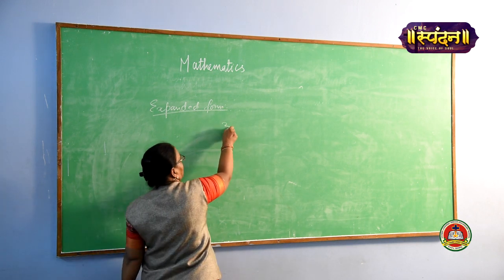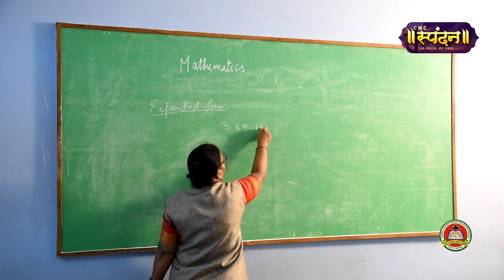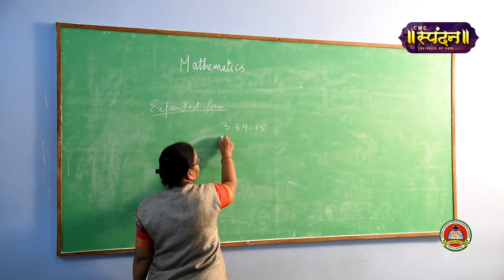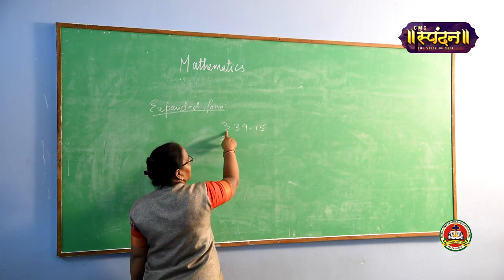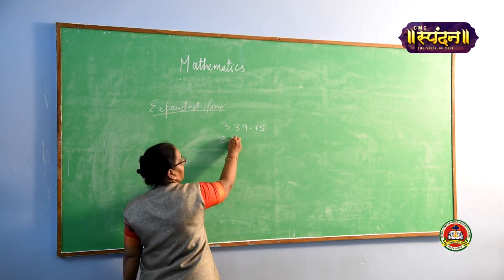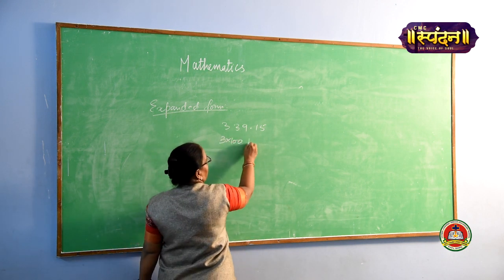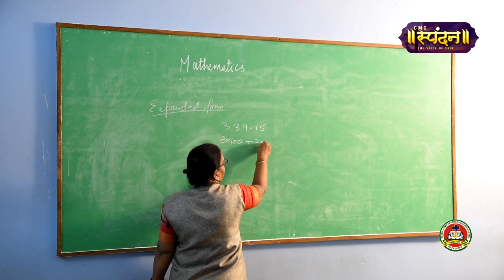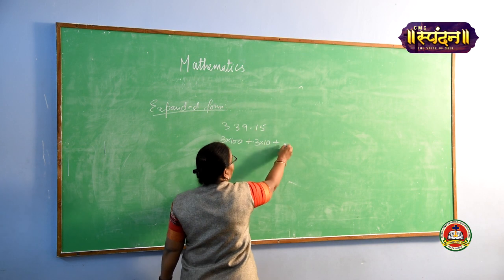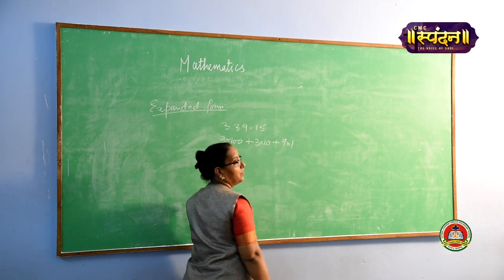For example, 339.15. 339.15 can be written as 3 into, this 3 is in the 100s place. So we have to write like this, plus this is in the 10s place, 3 into 10, plus 9 is in the ones place, so 9 into 1.